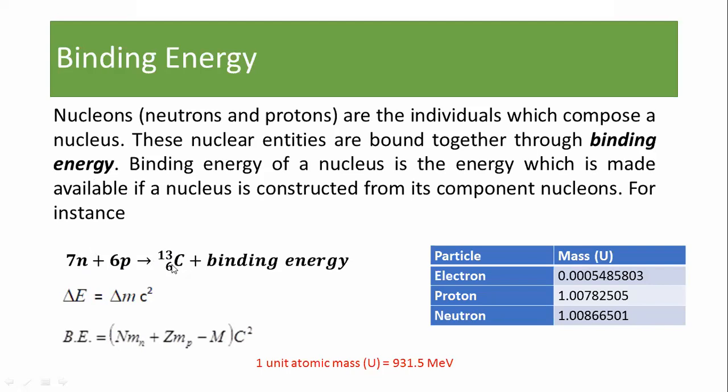And if the sum of the mass of the 6 protons and the 7 neutrons is equal to the actual mass of carbon-13, then there is no difference in mass and there is no binding energy. But actually this is more as compared to this.